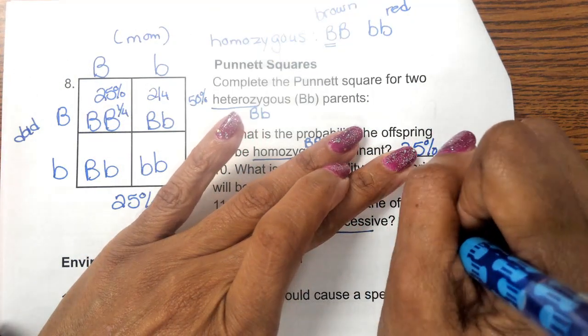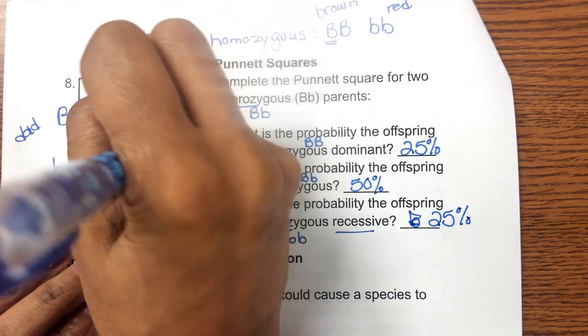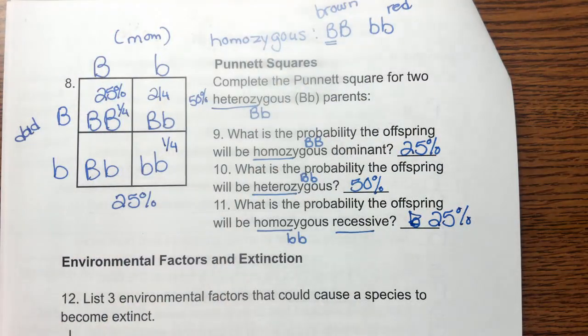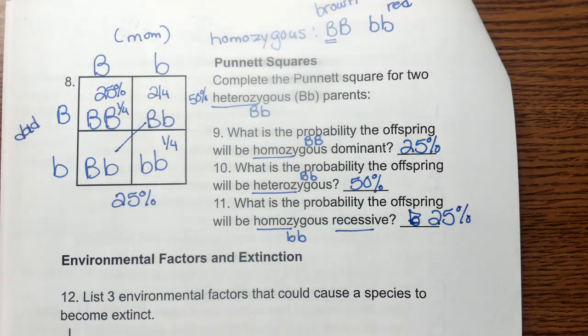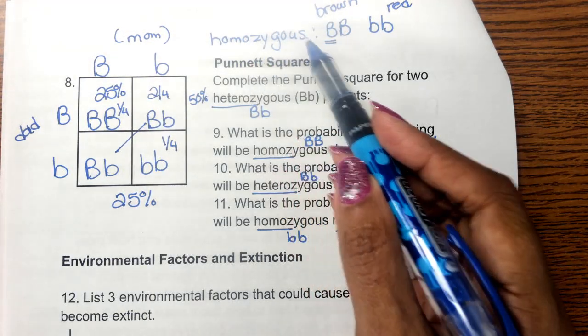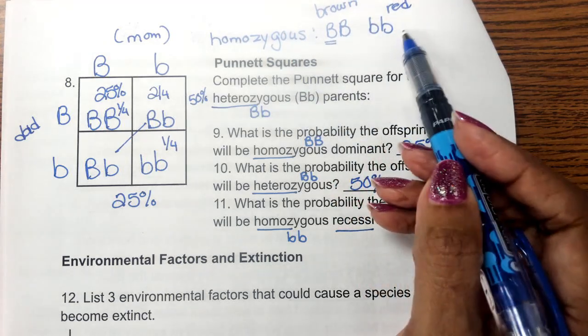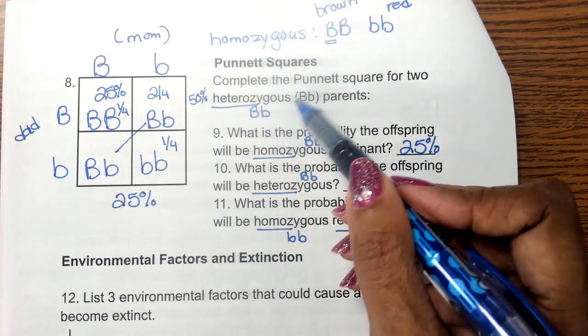It's going to be 25%, because you have 1 out of 4. Okay? So just remember, homo means two of the same gene. So big B, big B, or little b, little b. Heterozygous is one of each.